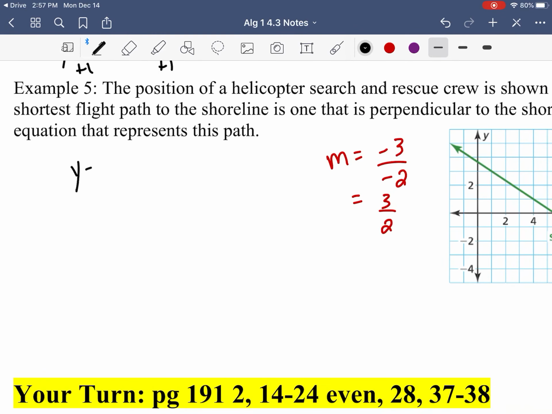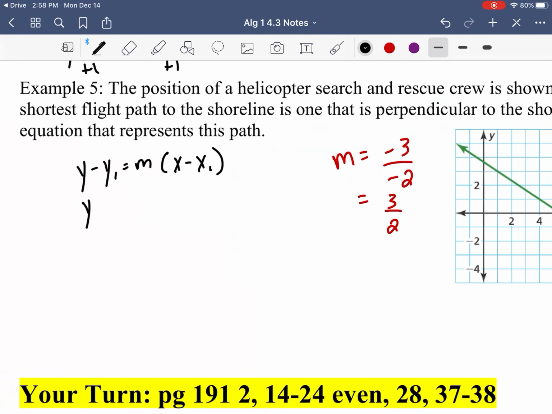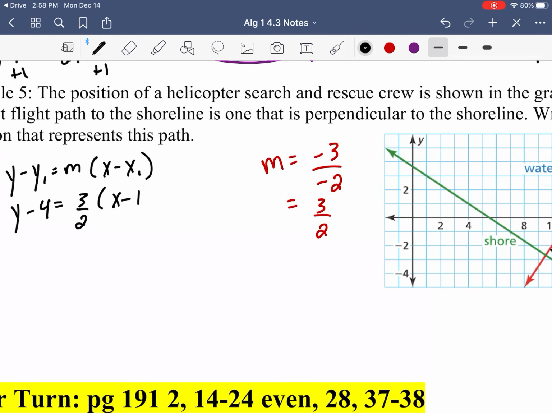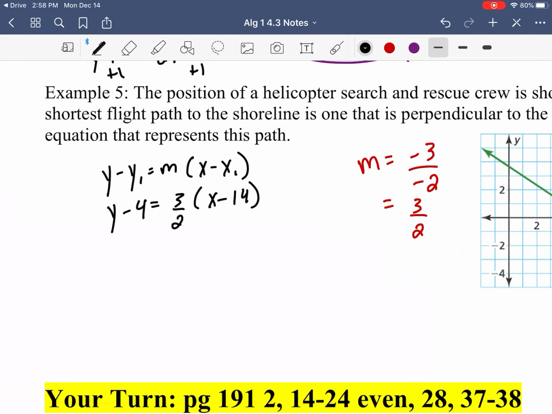Okay. Y minus y1. Okay. My y1, let's look over there, is 4. Slope is 3/2. My x1 is 14. Okay. So y minus 4 equals, I don't know what 14 times 3 is, so we have 3/2 x. 42 over 2. 42 over 2 is 21.